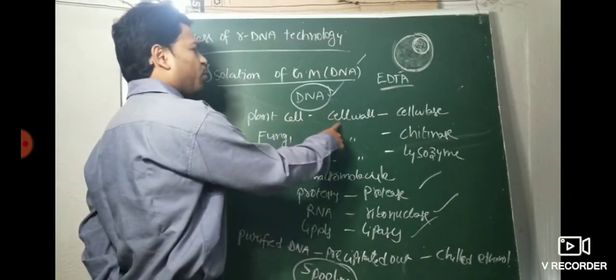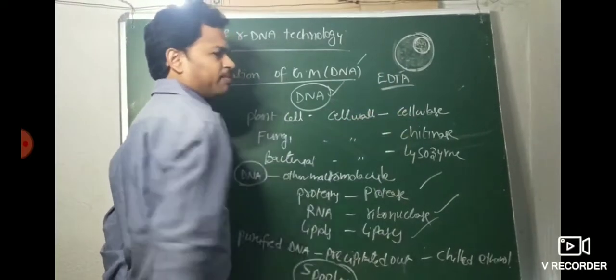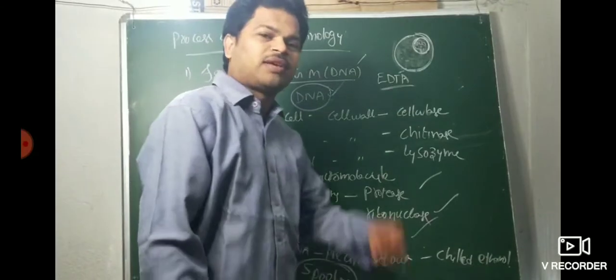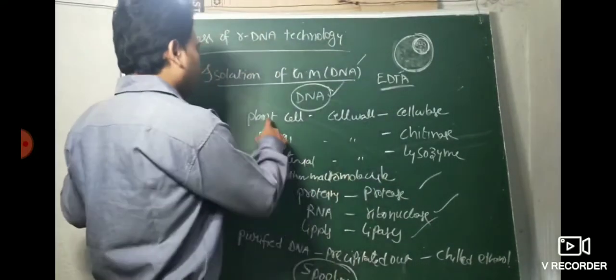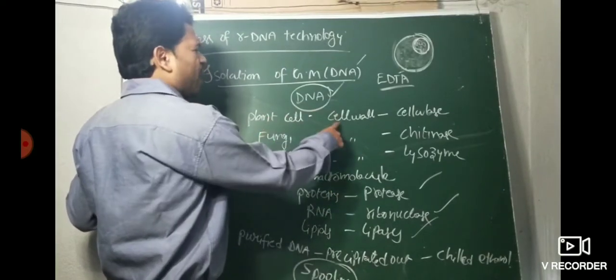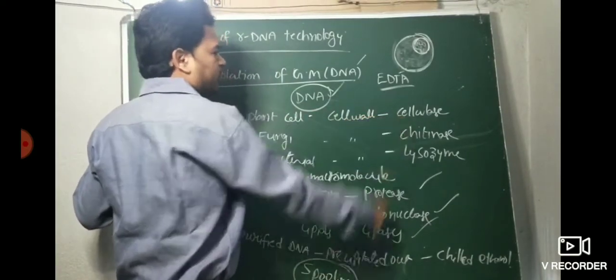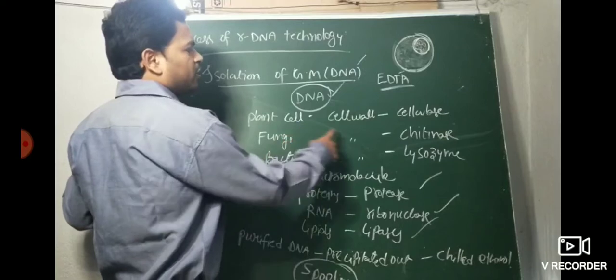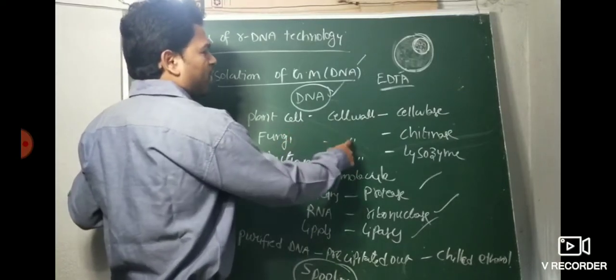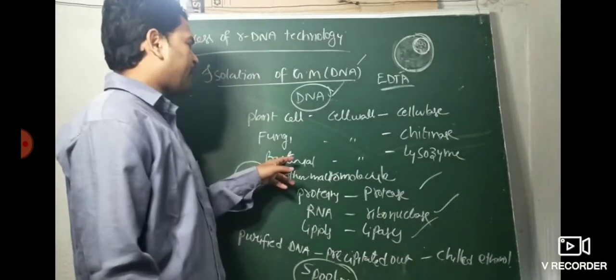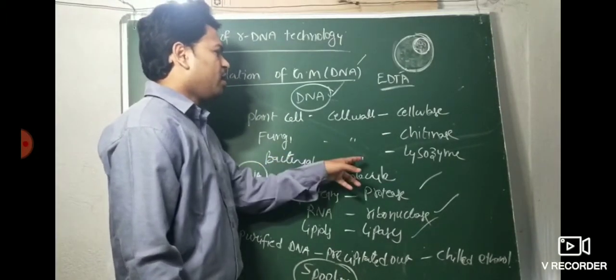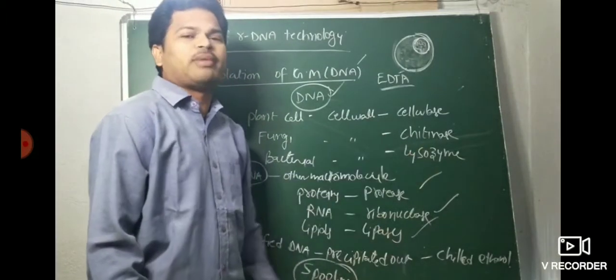The cell walls are broken by respective enzymes. Plant cell wall is broken by cellulase. Fungal cell wall is broken by chitinase enzyme. Bacterial cell wall is broken by lysozyme enzyme.